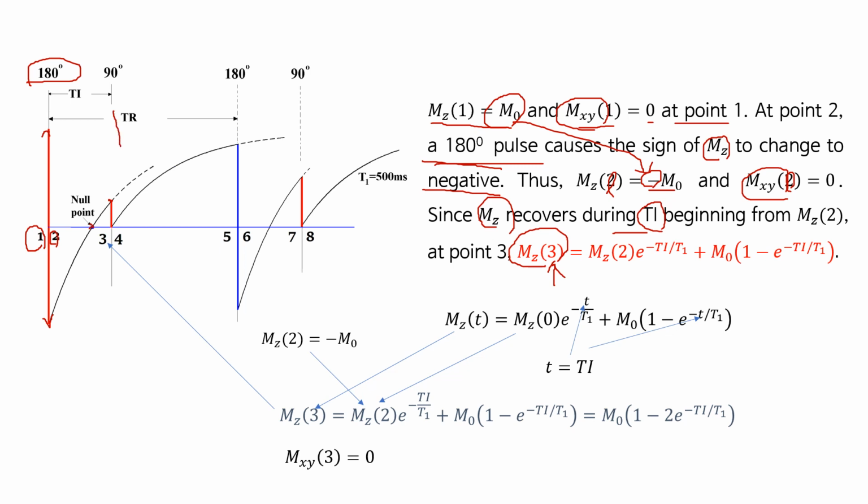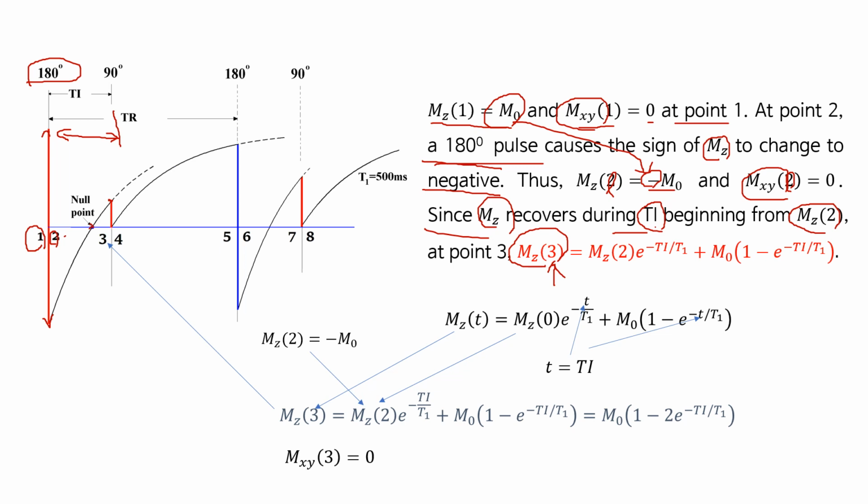Between the 180 and 90 degree pulse, the time is TI. So longitudinal magnetization recovers during TI, beginning from Mz2, right here.